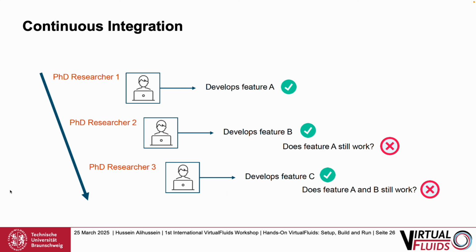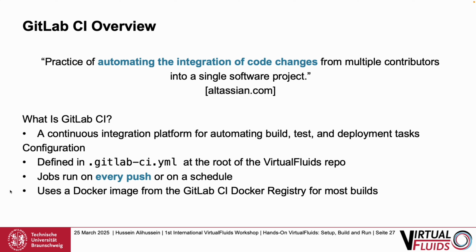Nobody knows. So how to solve such a mess? We work together. So continuous integration is all about working together. It's the practice of automating the integration of code changes from multiple contributors into a single software project. For that, we use GitLab. And more details about GitLab, pipelines, runners will be on the next session by Martin.